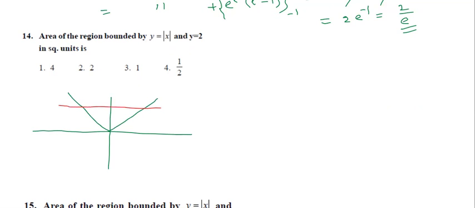This is y is equal to 2, and this is the y is equal to mod x curve. See here, the total area is symmetrical about the y-axis.